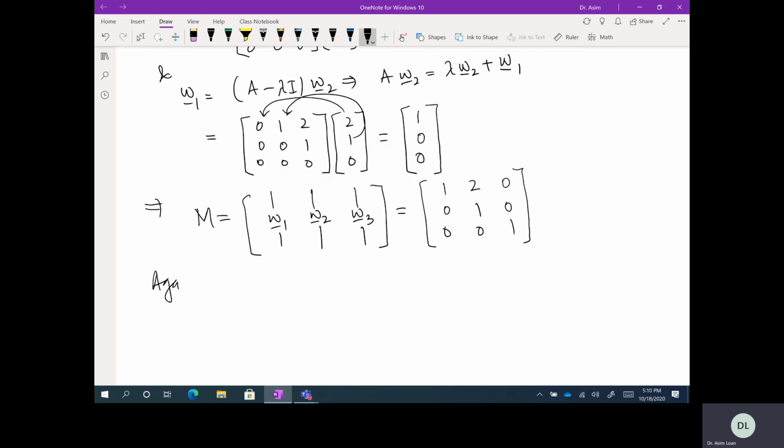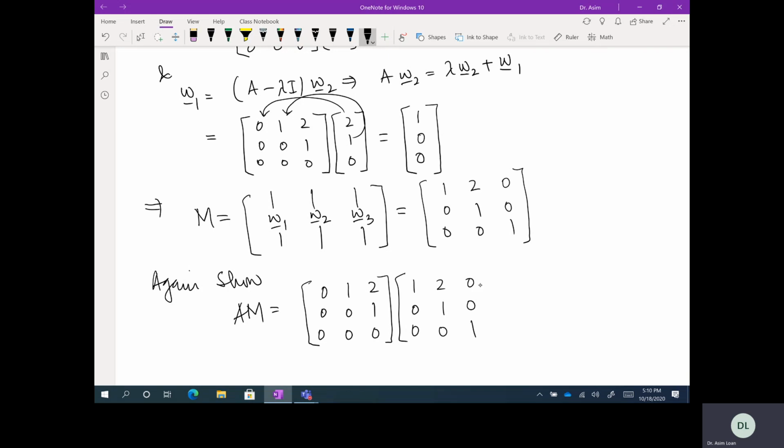Again, let's show AM. What is AM? AM is [0, 1, 2; 0, 0, 1; 0, 0, 0] times M, which is [1, 2, 0; 0, 1, 0; 0, 0, 1].